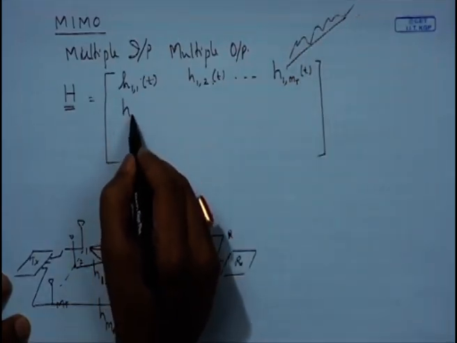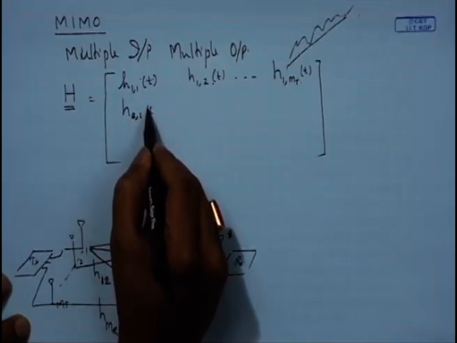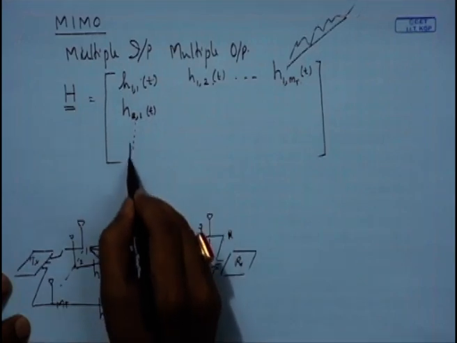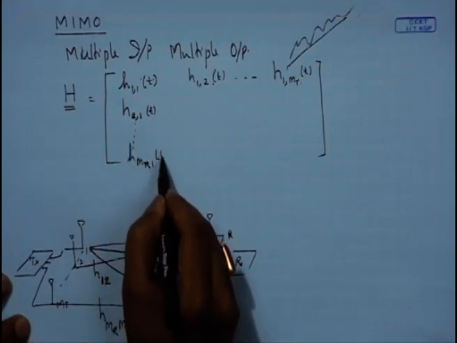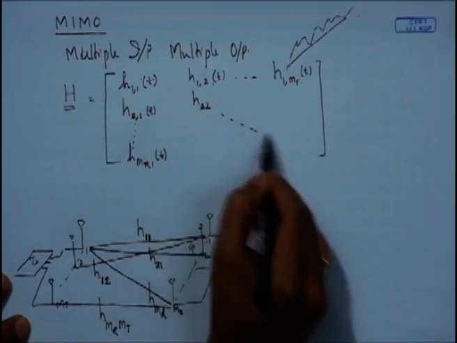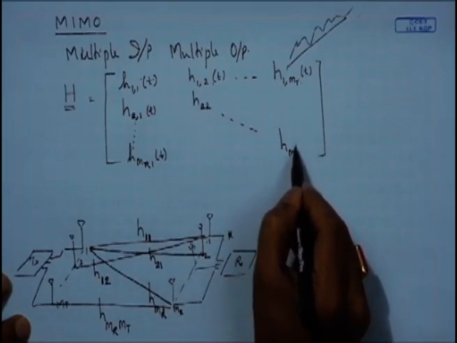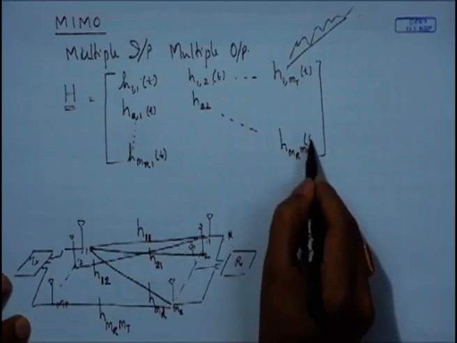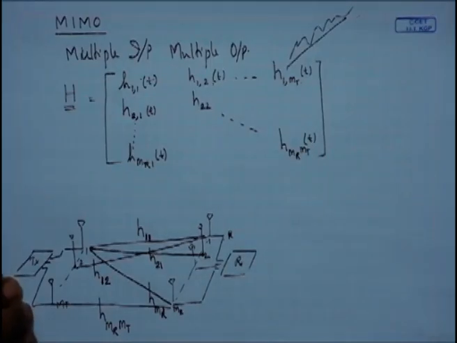So here we have H of 2 comma 1, that means received in antenna 2, transmitted from antenna 1, and so on up to H MR comma 1 of t, this would be H22, and so on. Here we are going to get H MR MT as a function of time. So this is how the full model would be.